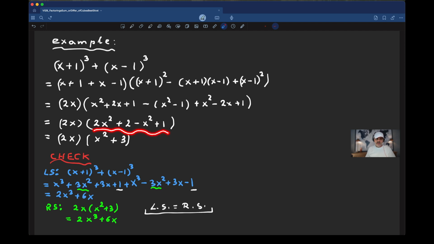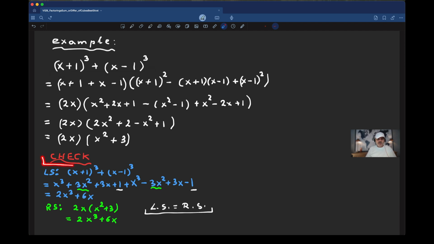You add x squared terms to get 1x squared and add all the numbers, which is 3. So this is the factored form of that long question where you applied sum of cubes. So hopefully that makes sense. You can rewatch those steps as many times as you wish to get this process down pat.